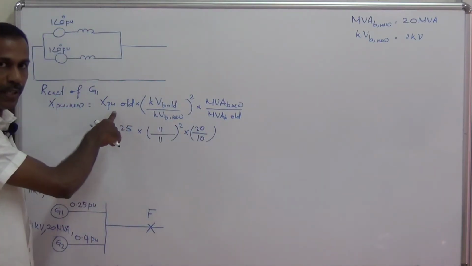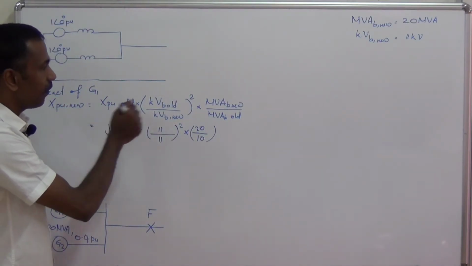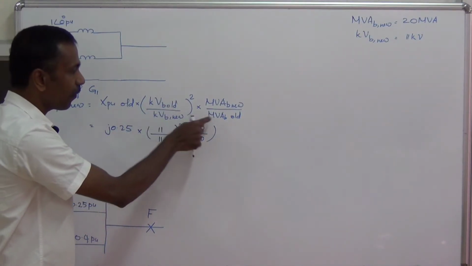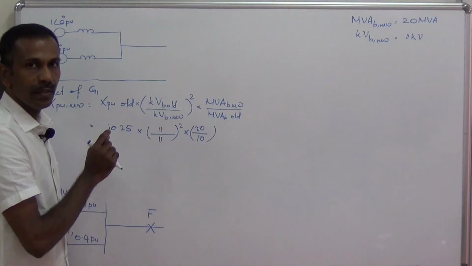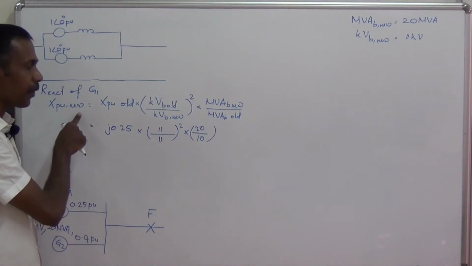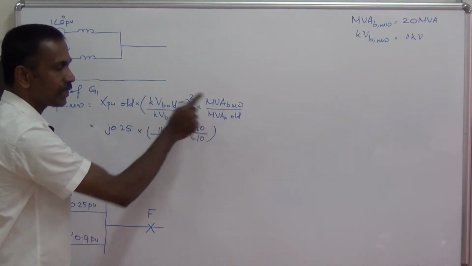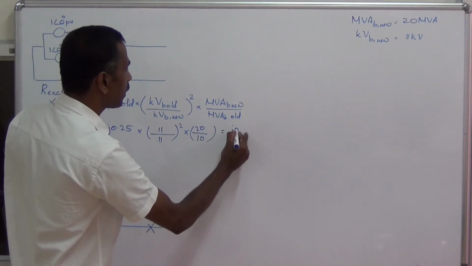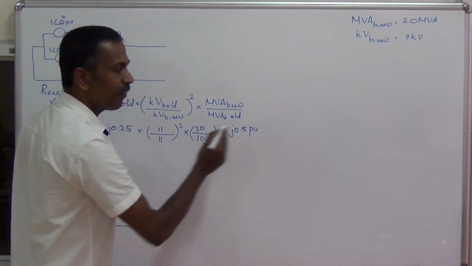Now this X per unit old is given with old base values, or with the rating of that equipment. We have to find X per unit new with new bases. And this is equal to j0.5 per unit.